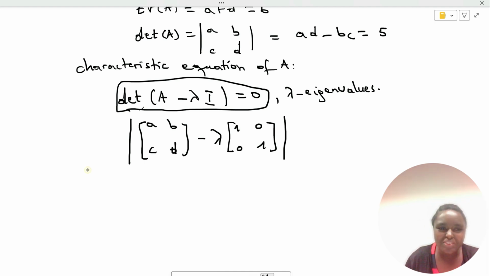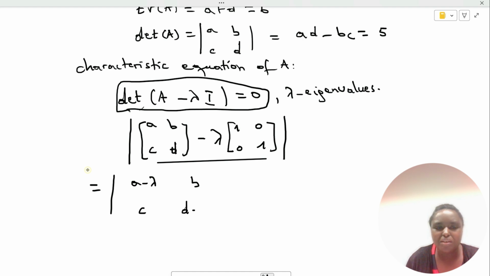So then this determinant: we first compute the difference of these matrices. So we have A minus lambda, and B minus 0, that's B, and C minus 0, that's C, and then D minus lambda.